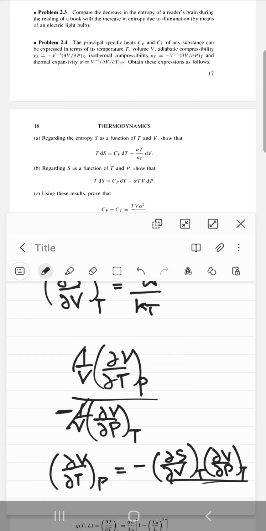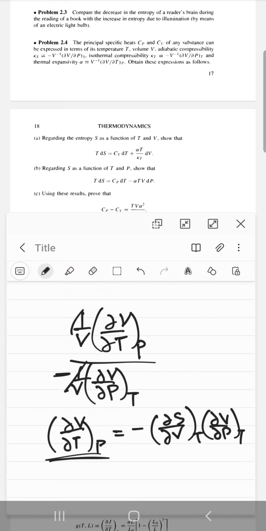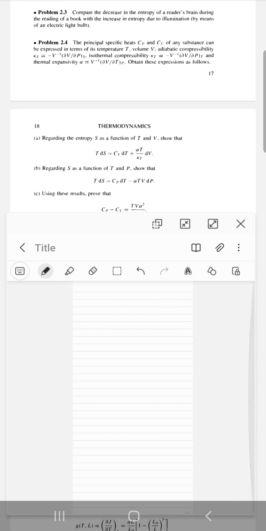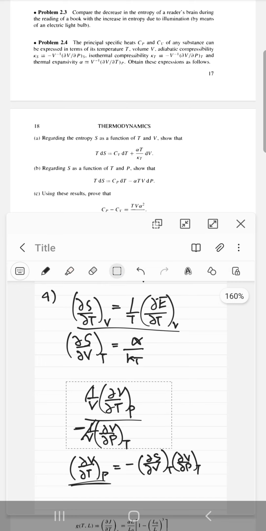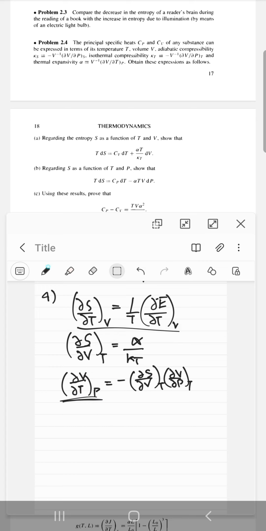So these two are in temperature, right? So all we have to do is just write this in terms of temperature. How do we start doing that again? Well, we'll have to use the usual thing, which is the Maxwell relation. Okay, so this one is done.